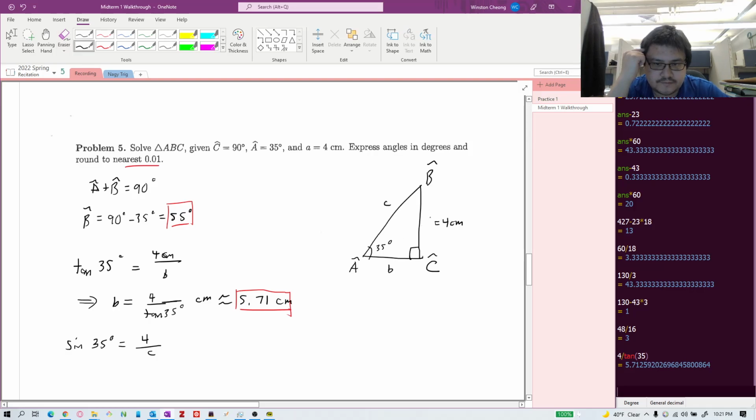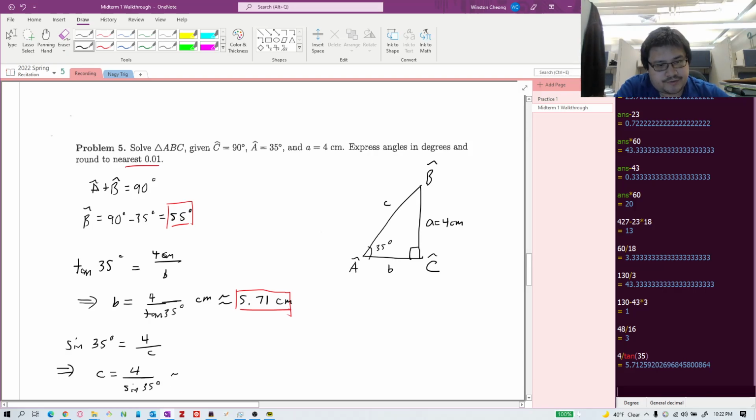Okay, well, that's great. All right, so we have this equation, and maybe I can put that below just to match things up. Now multiply by c and divide by sine of 35 degrees. We end up with the equation c equals 4 over sine 35 degrees.